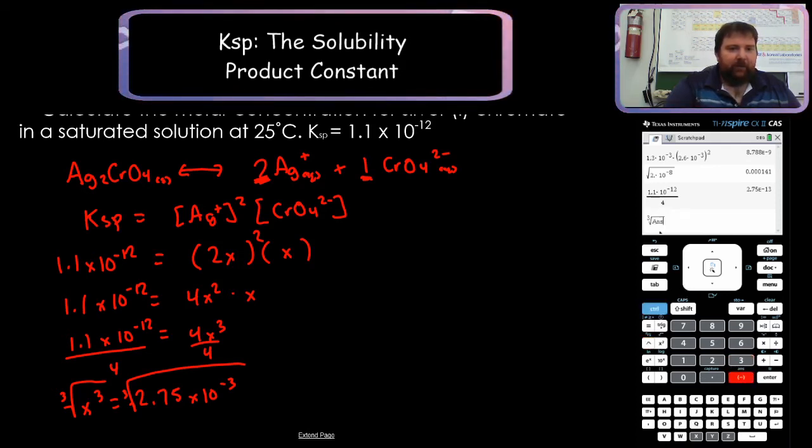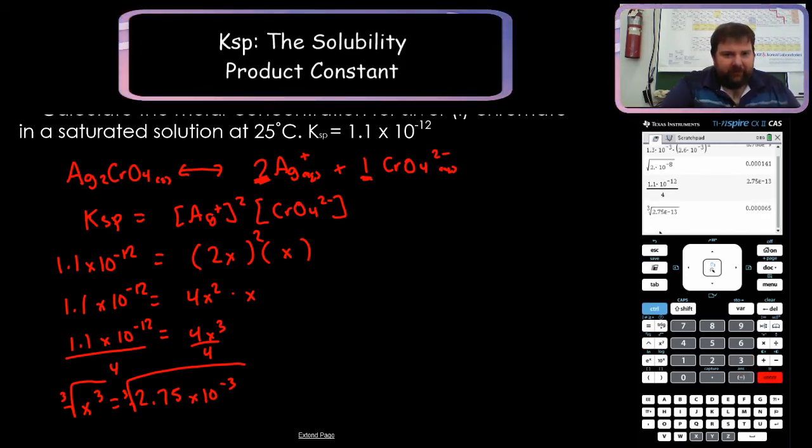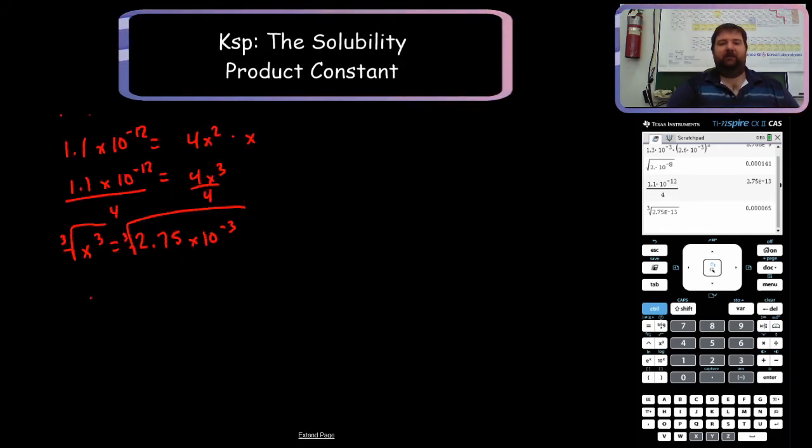And here we're going to put our answer, which is 2.75 times 10 to the negative 13. And that is 6.5 times 10 to the negative 5. So x is 6.5 times 10 to the negative 5 molarity.